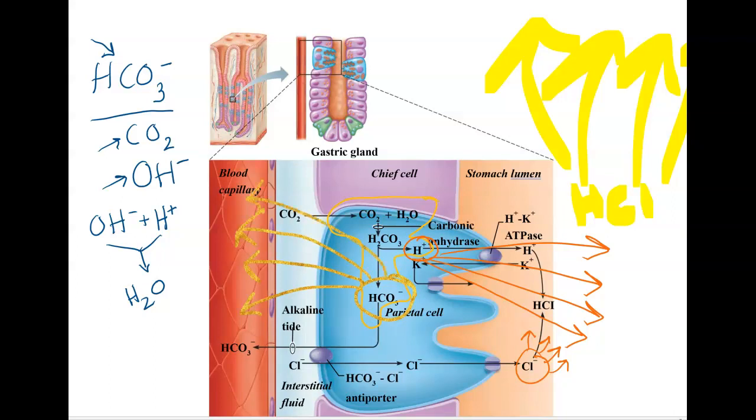So you can see on the right, I remade 4 hydrochloric acid molecules. And then on the left, for every one of those I remade, I had to push a bicarbonate into the bloodstream. So as the amount of bicarbonate ions in blood increases, the number of hydroxide ions in blood increases.